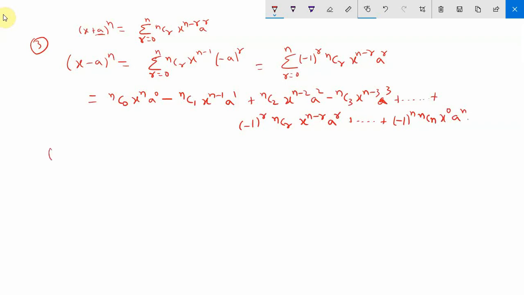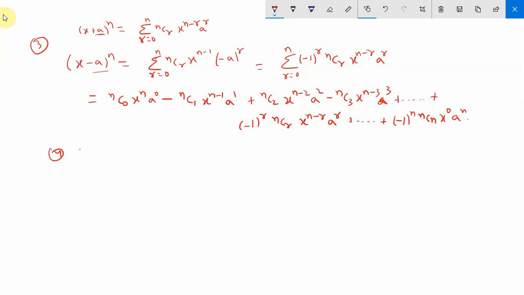Next one, one more property is the total number of terms, whether we see x plus a to the power n or x minus a to the power n.